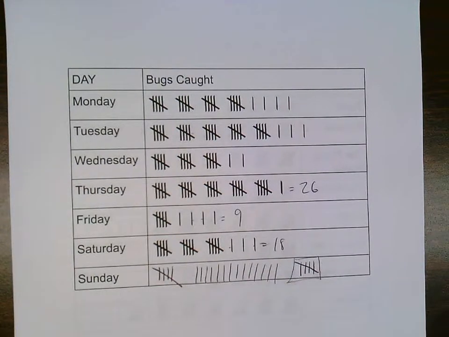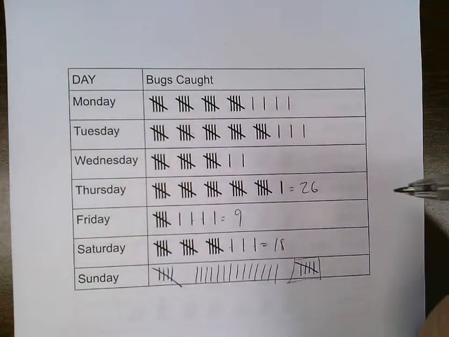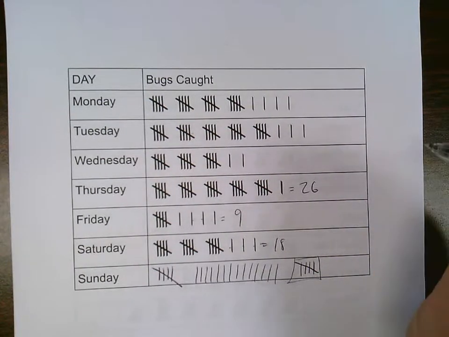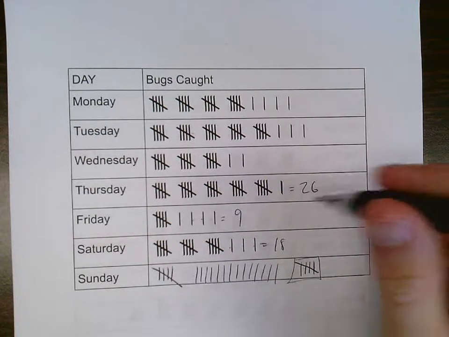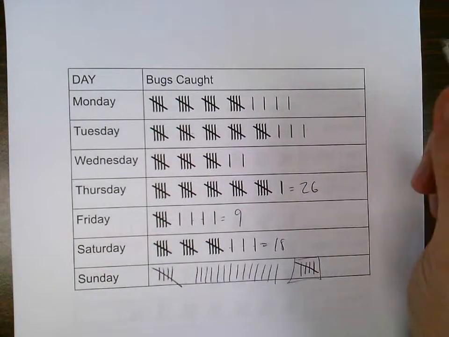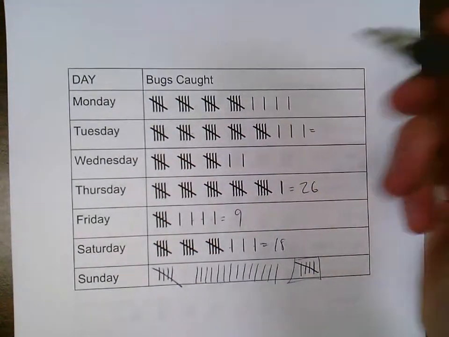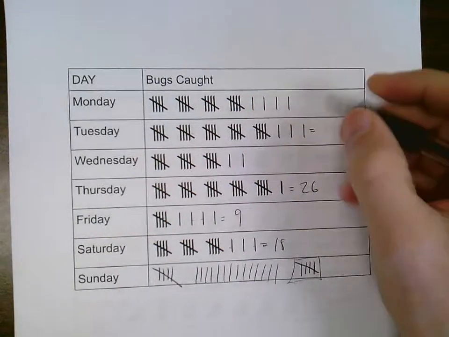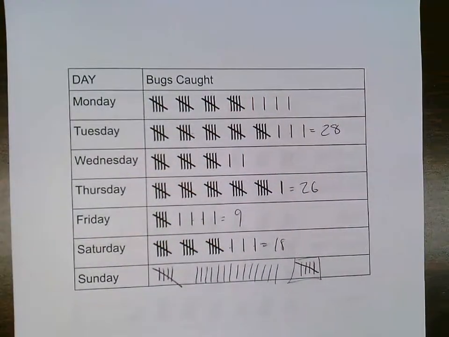Now, just like any other graph, to figure out the range, I'm going to subtract the smallest from the largest. The smallest amount of bugs caught was Friday with 9, and the largest amount of bugs caught was Tuesday: 5, 10, 15, 20, 25, 26, 27, 28. 28 bugs caught on Tuesday.